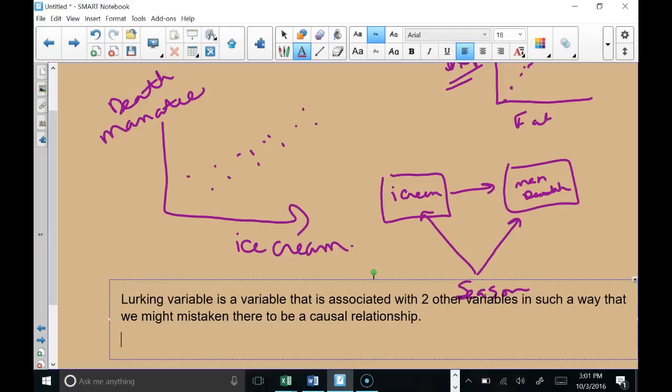But what you have to do is be strong and remember, association does not mean causation.